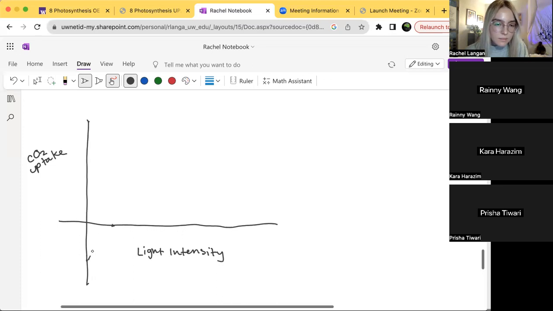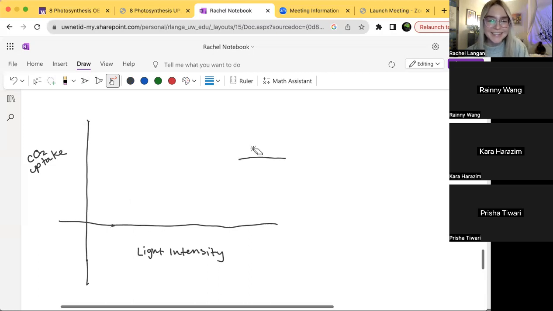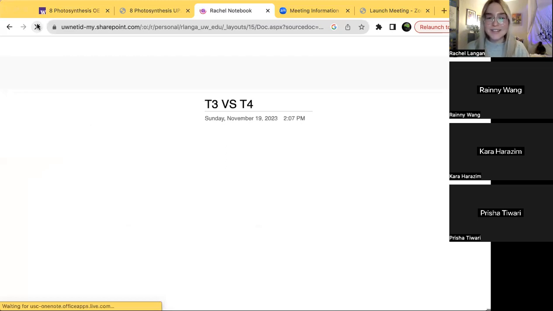Let's see. I should be straight. Oops, no. Now it's stuck on eraser. All right. Let me try to reload the page. It's like shutting down. It's like, this is enough physiology for one day.